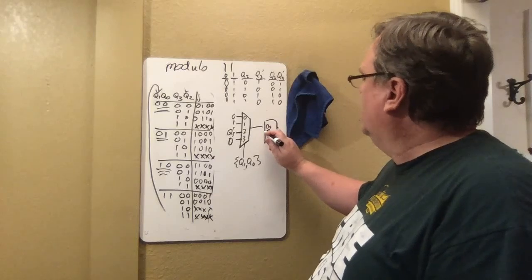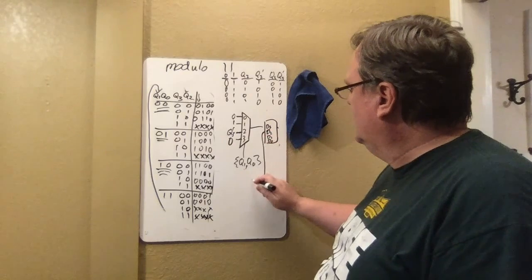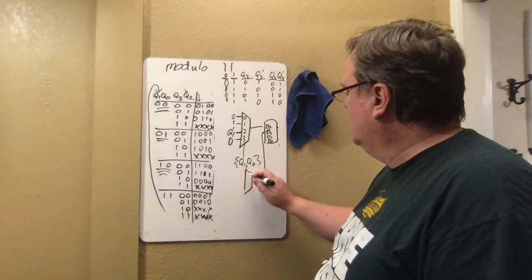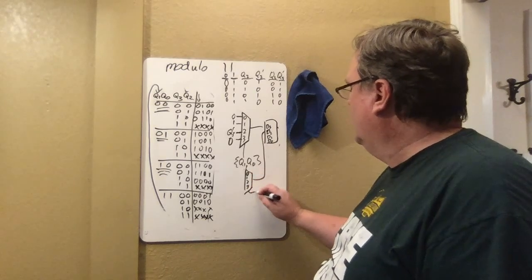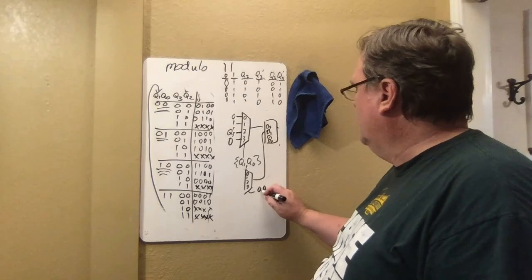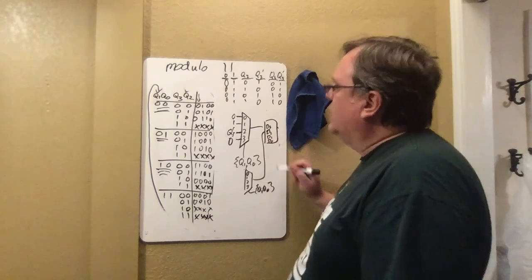Then we'll do, let me see if I got enough. So I'll try to do these small. 0, 1, 2, 3. That's Q1, Q0. That goes to D2.